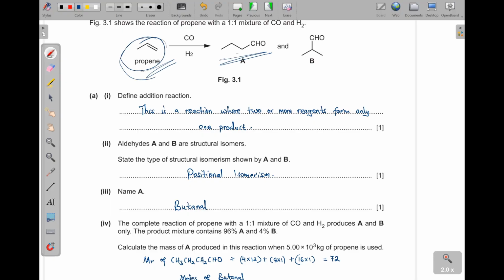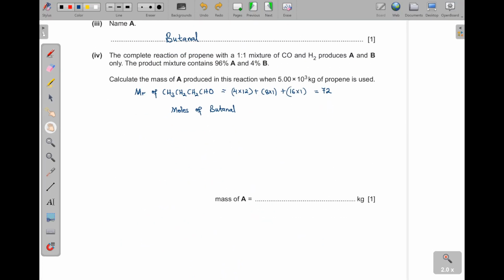That means the moles of propene will be equivalent to the moles of butanal which are produced. So moles of butanal produced will be equal to moles of propene used.